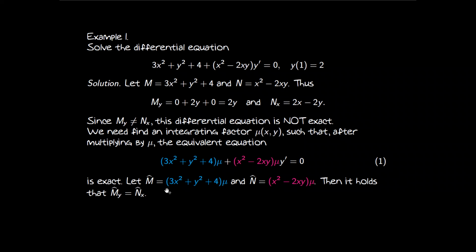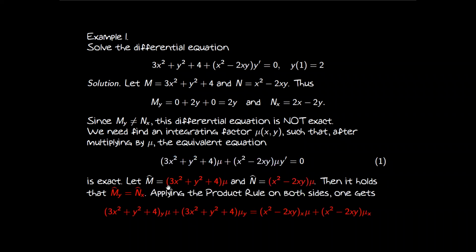So we just need to carry out the derivatives of the 2 functions with respect to y and x respectively. And because you have products here, we have to apply the product rule. In particular, for the left-hand side, we apply the product rule with respect to the y derivative, and for the right-hand side, you do the product rule for the x derivative.